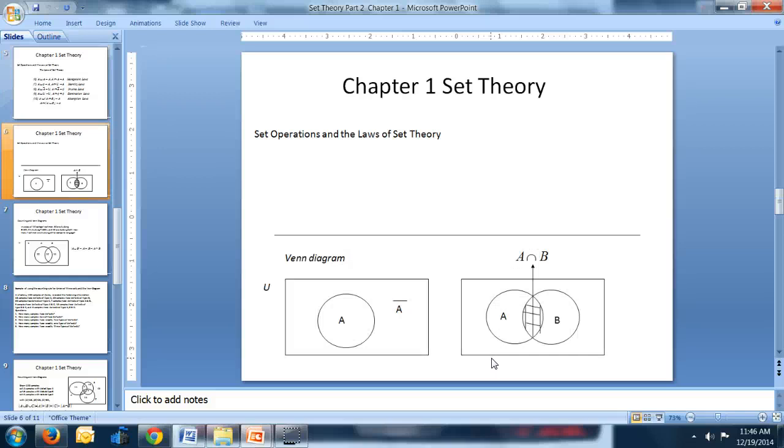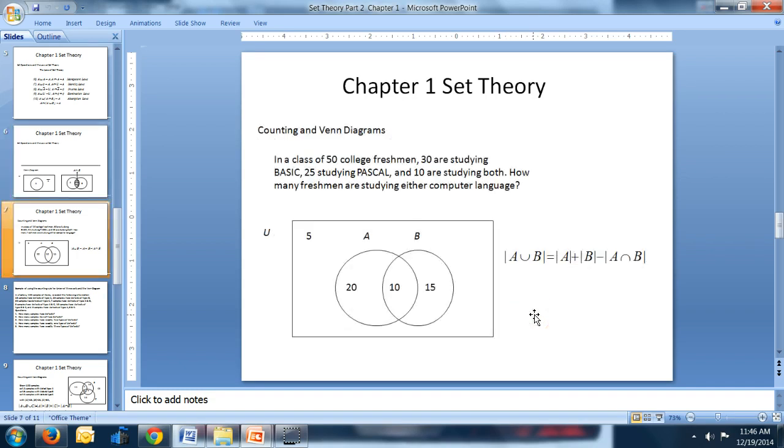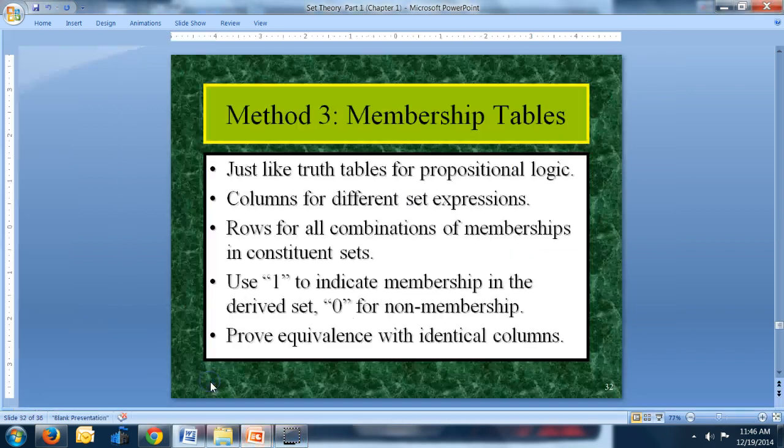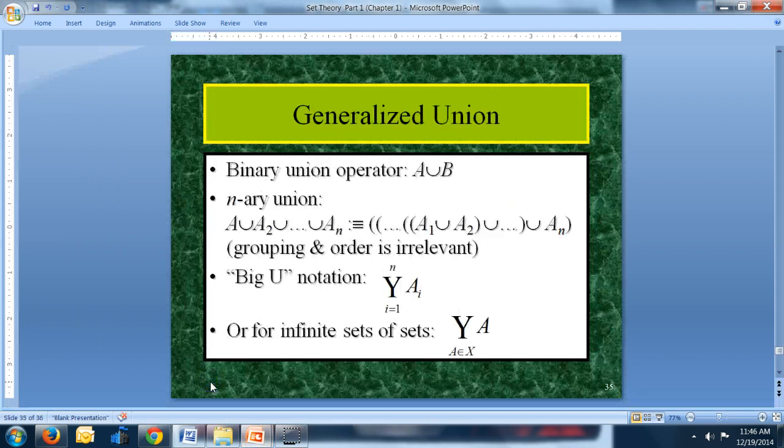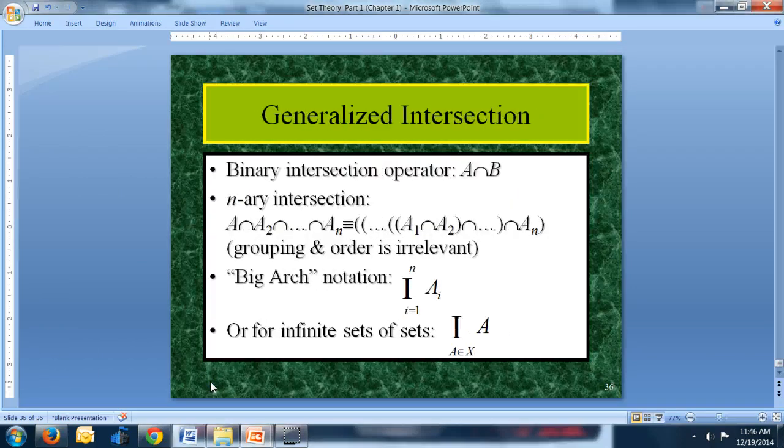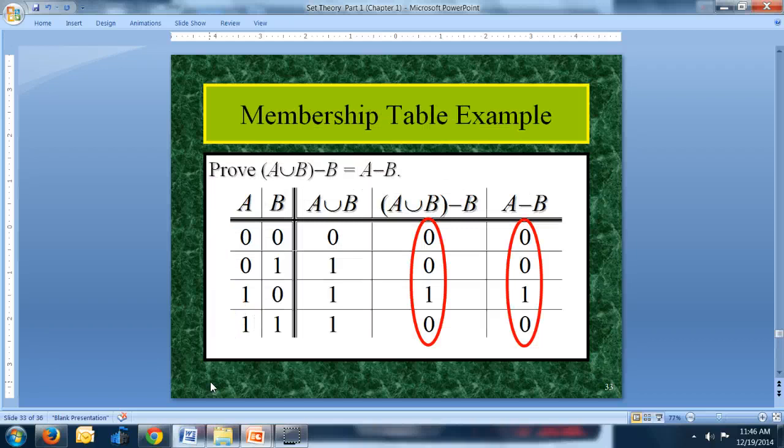Now here is a diagram that shows the complement and the intersection, and the union would be the whole two circles together. But the intersection in here is this shaded area. An example of how we use this one. Now, let's refer first to the cardinality, which is how many elements are in a set.